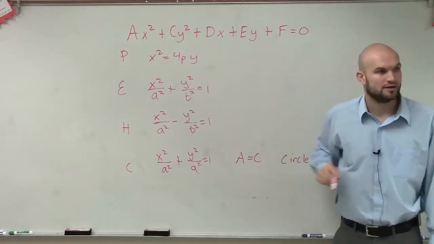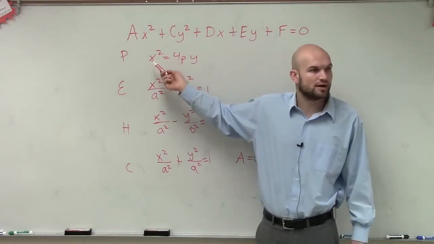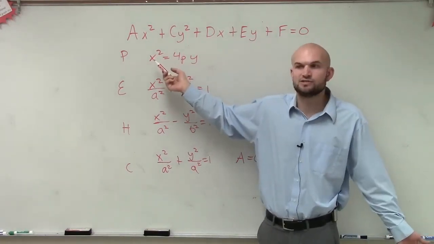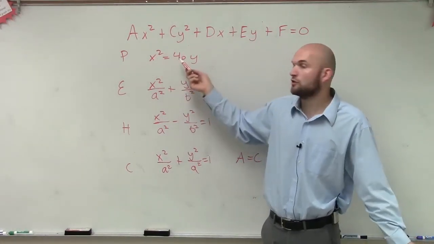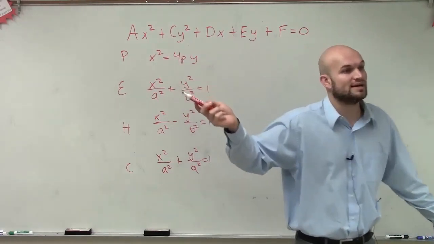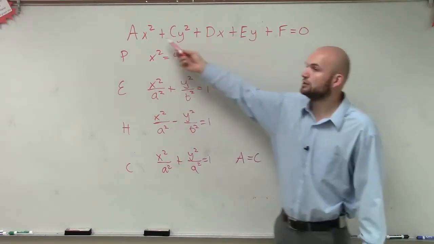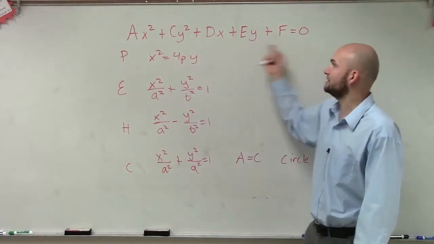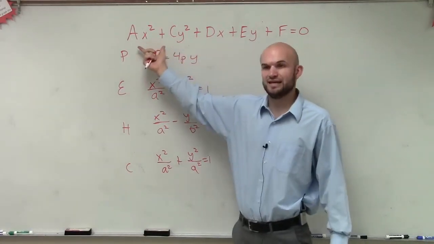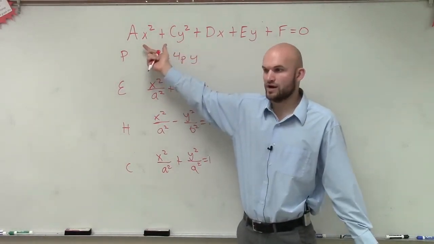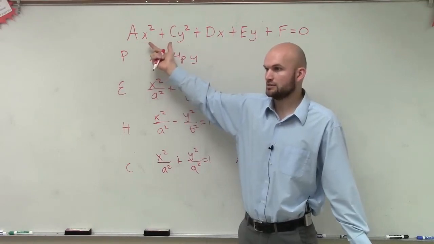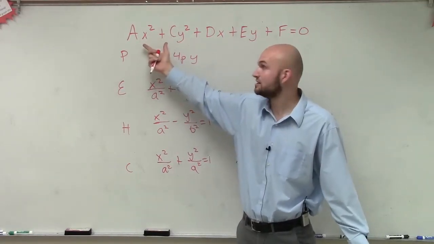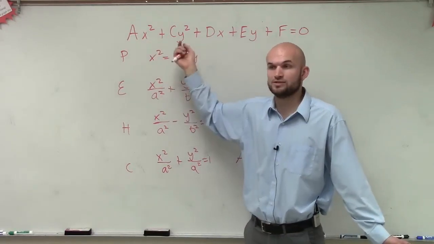Let's look at a parabola. On a parabola, we only have one squared term. It's either x squared or y squared. In this case, I have an x squared. Therefore, I would have a 0 as the coefficient of y squared. So if I gave you a formula in this format, a or c, one of them would have to be 0, correct? Yes, John? Only one of them has to be 0 because there's only one x squared or one y squared.